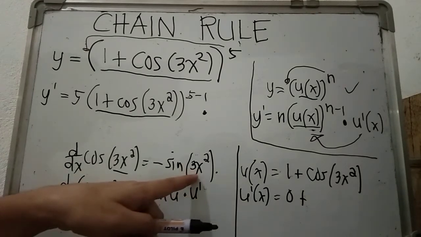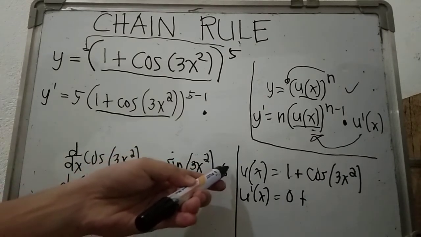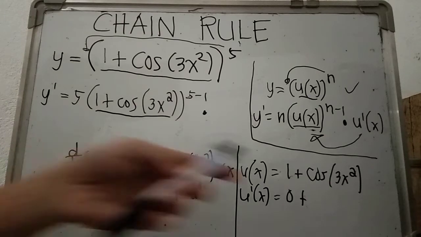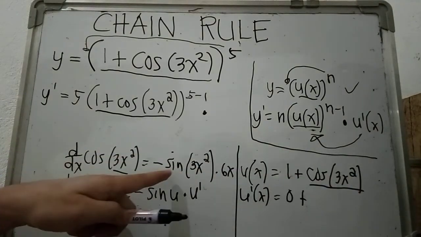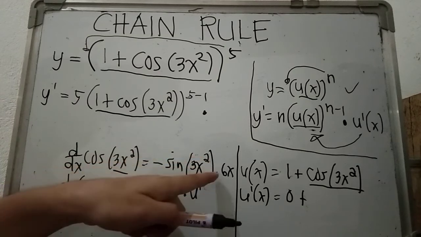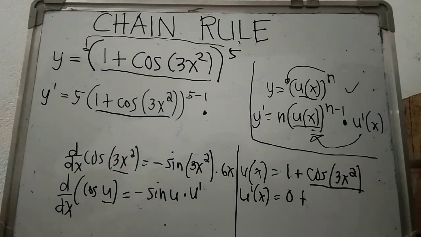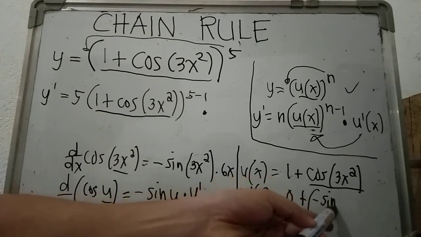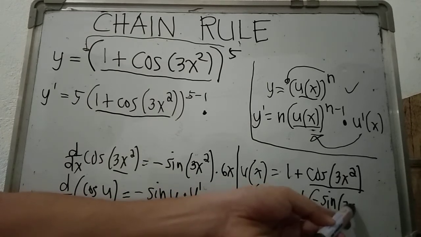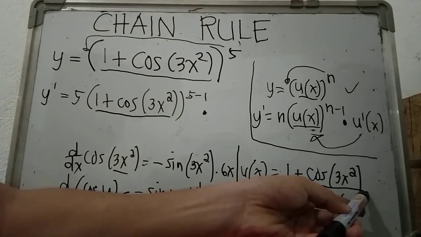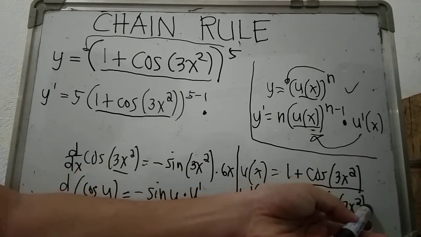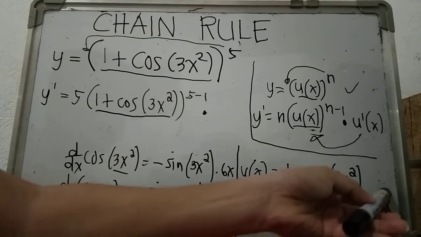The derivative of this is 6x. This is a constant times a function. So we have times 6x. In short, the derivative of cosine 3x squared, the second term, is equivalent to negative sine of the quantity 3x squared times 6x.